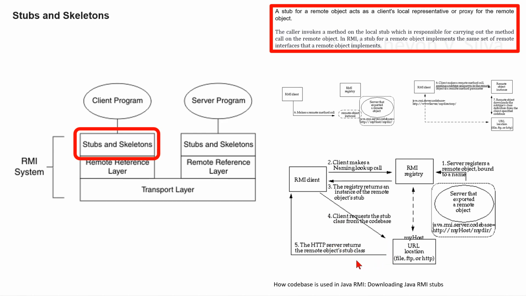The class definition for the stub or any other classes it needs is downloaded to the client. Note that steps 4 and 5 are the same steps that the registry took to load the remote object class.